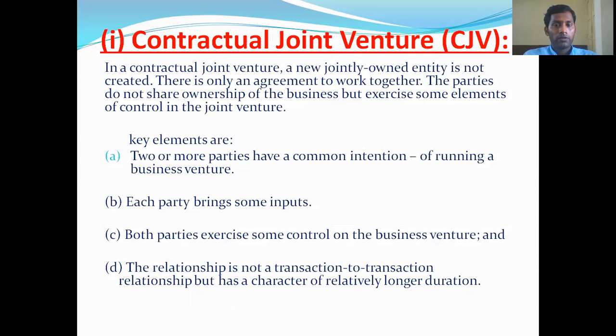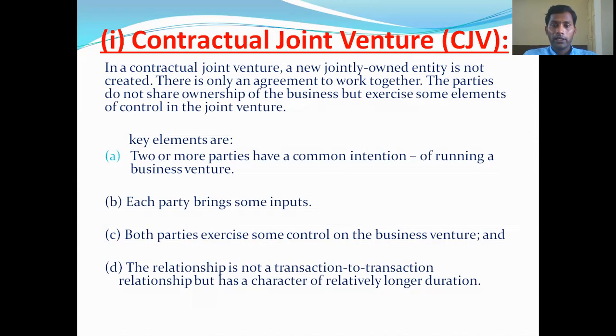Now the first one, the contractual joint venture. What is a contractual joint venture? In a contractual joint venture, a new jointly owned entity is not created. No new company is started. It is just an agreement to work together. The parties don't share ownership of the business but exercise some elements of control.